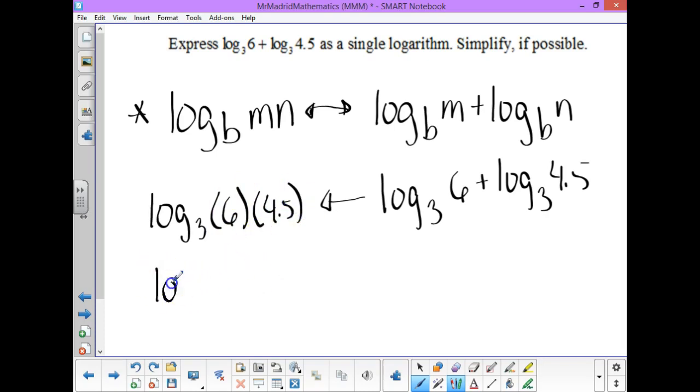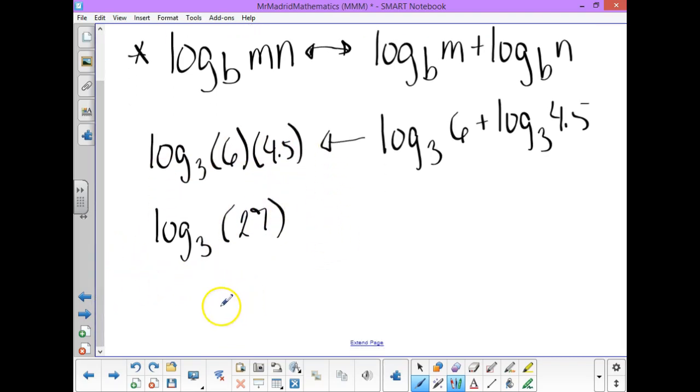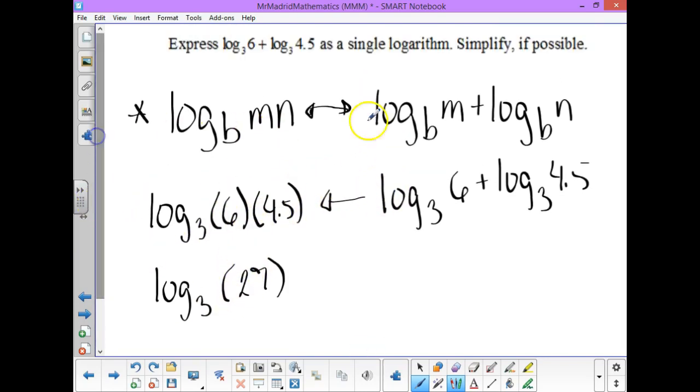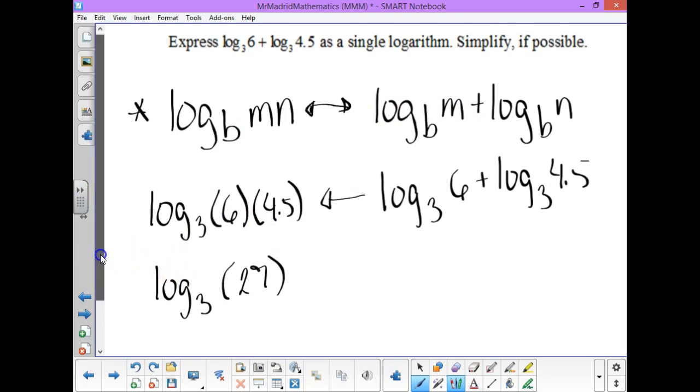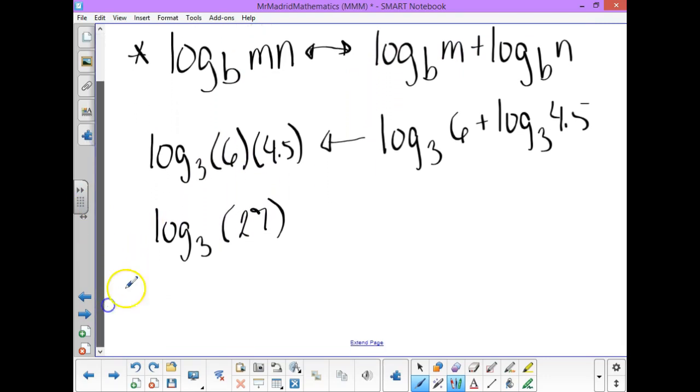And I'll continue working down this way, log base 3 of 27. It says simplify if possible. Notice that I've applied the formula here, and then it says to go further if possible.